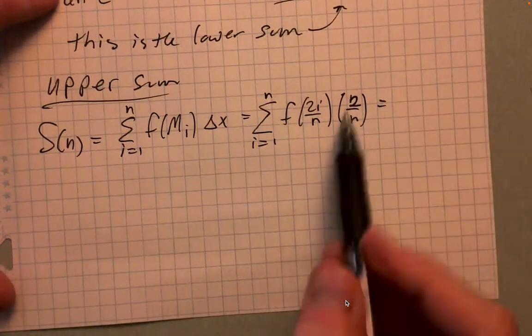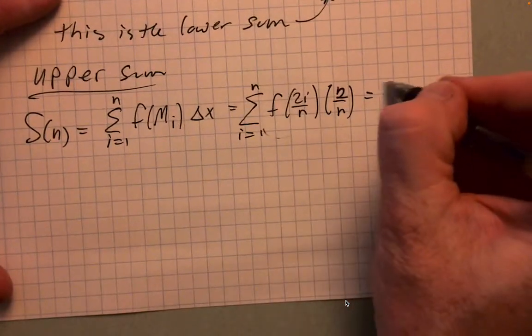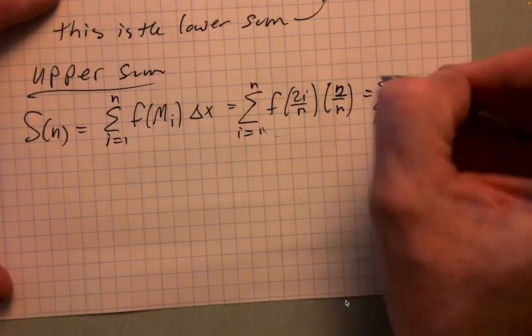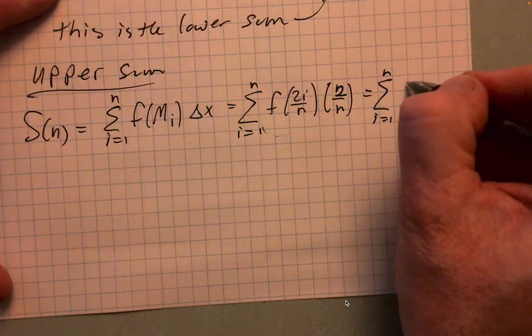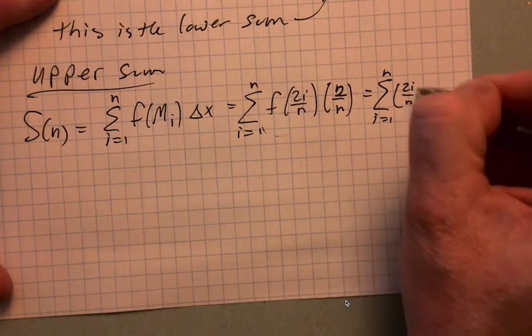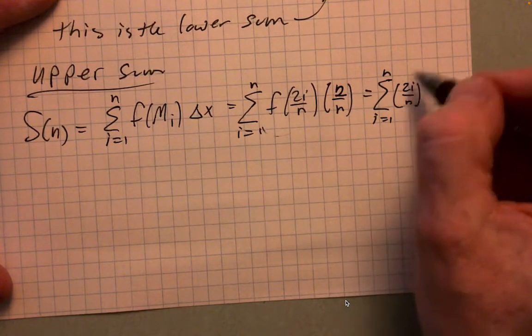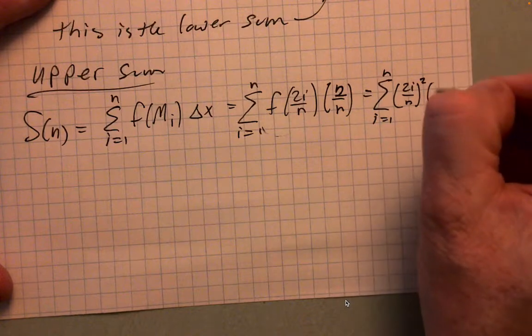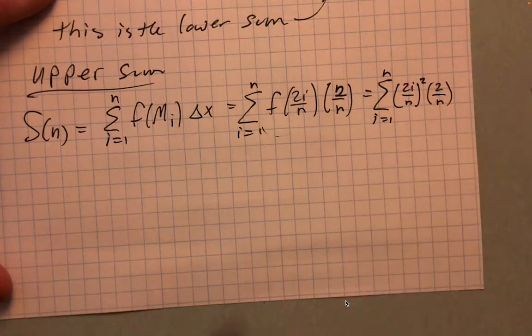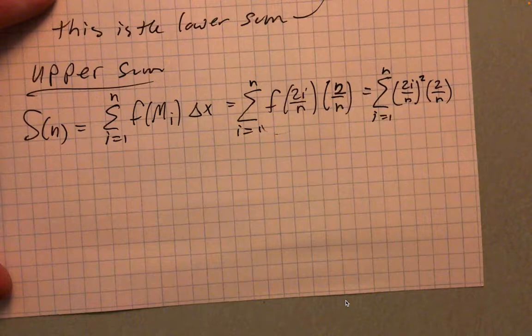Okay, and then substituting in the actual function, which is x squared, remember, you get 2i over n quantity squared times 2 over n, like so.